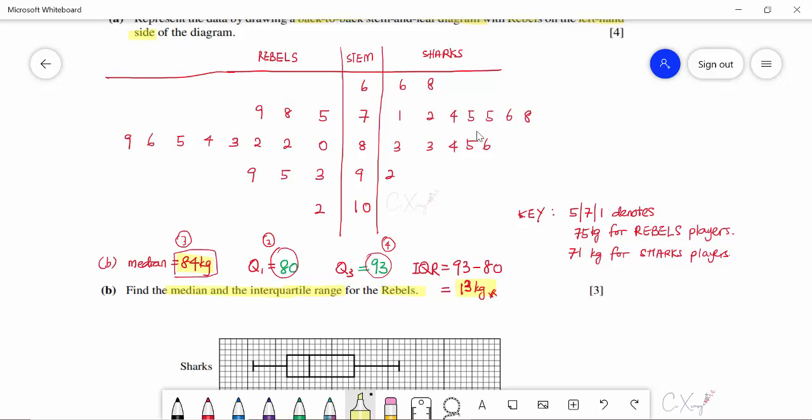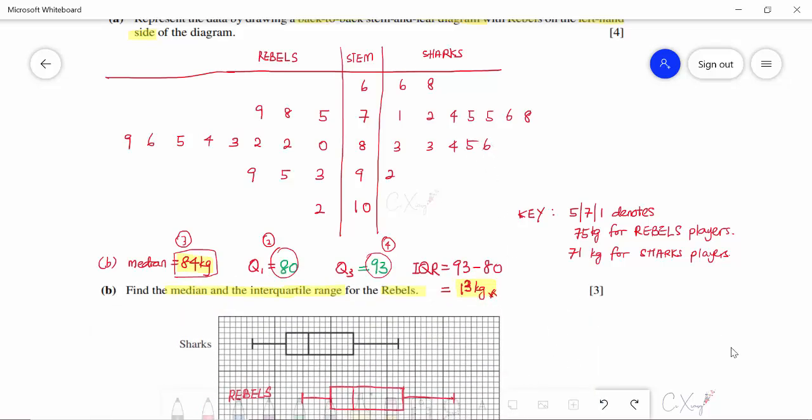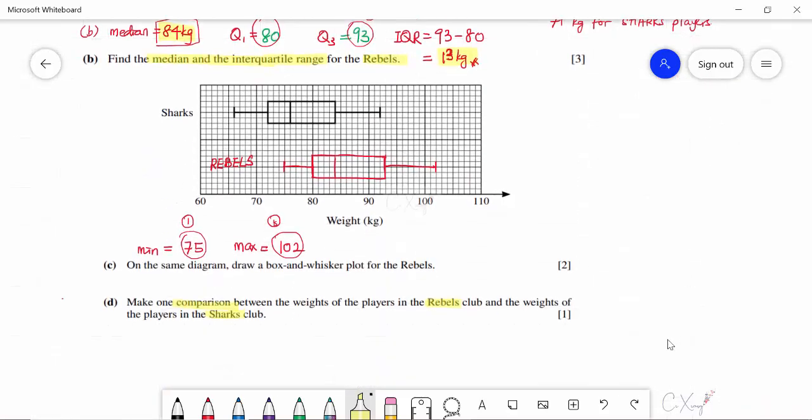From here, you can see quite clearly that generally, the Rebels group's players are heavier. You can see that their weights are higher comparatively with the Sharks group. So you can write out any sentence which is related to this weight.